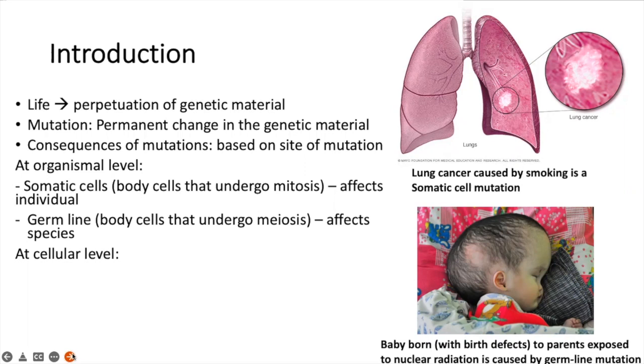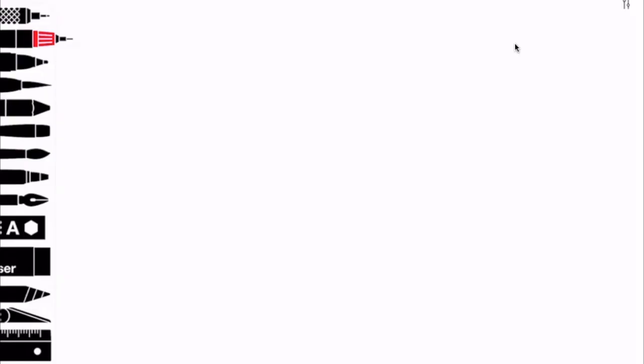At the cellular level, mutations can occur in different sites of the genome. For example, we'll discuss how glucose uptake is controlled by the genetic expression of the insulin gene. Now let's consider this is part of a genome where insulin expression is being controlled, and this is the gene responsible for insulin production.